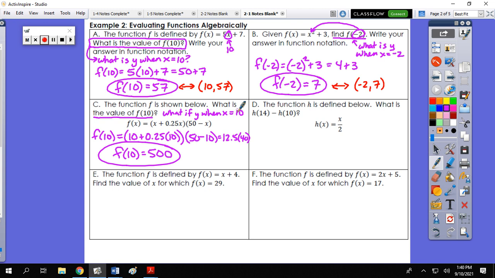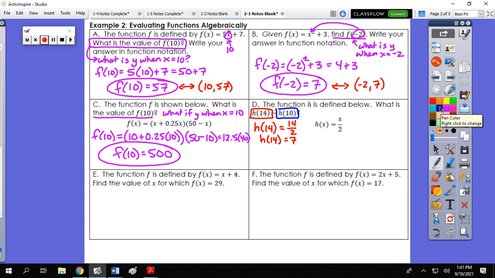It says the function h is defined below. What is the value of h of 14 minus h of 10? So we need to find both of these values. So I'll do these in two different colors here. H of 14, we would plug in 14 for x. So 14 divided by 2, which means that h of 14 is 7.